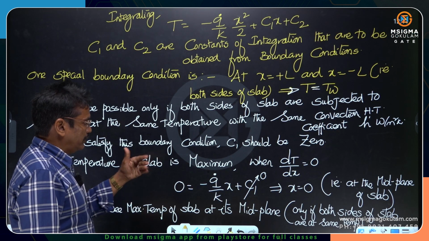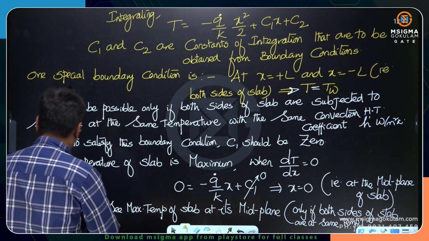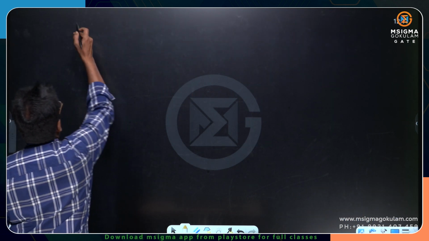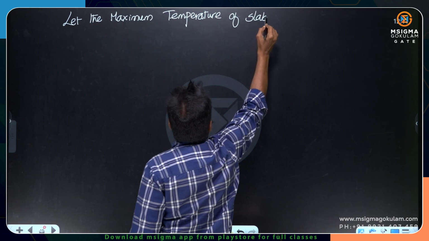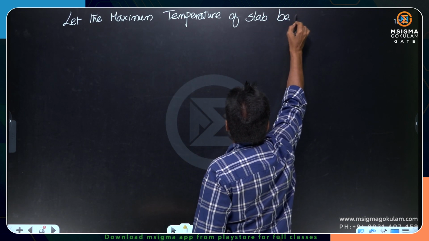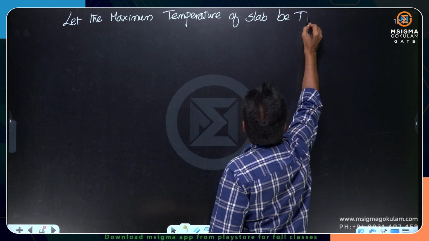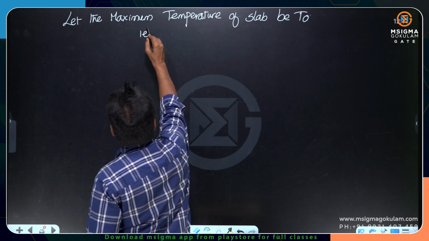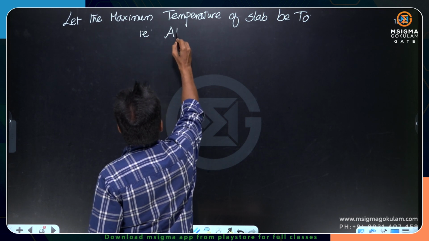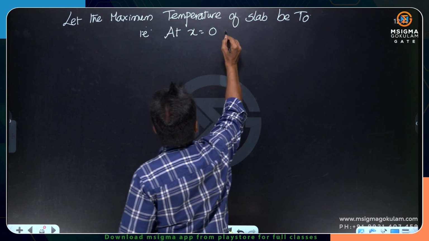Now I am continuing with this boundary condition, that both sides are at the same temperature. Let the maximum temperature of this slab be T naught, that is at x is equal to 0, the midplane.